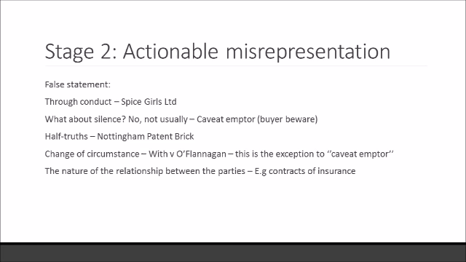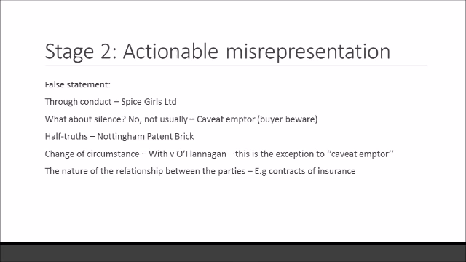This was the change in circumstance, the dramatic drop in earnings. He failed to disclose that to the representee, who relied on the original statement that it was making £2,000 a month, and that was held to be a false statement. It became false when the representor failed to disclose this change of circumstance to the representee. So this is an exception to the principle of caveat emptor.